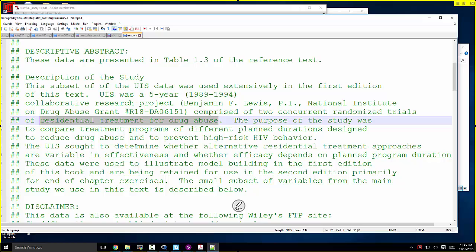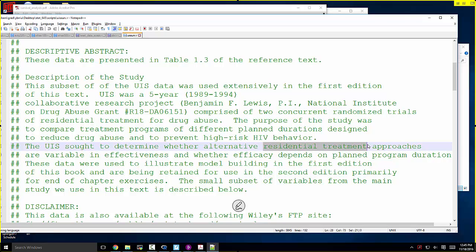So for people who are involved in drug abuse and high HIV risk behavior, this study proposed a, quote, residential treatment protocol. All they mean by that is a long-term treatment routine, as opposed to, here's a pamphlet, good luck, or a couple of nights at a treatment facility.